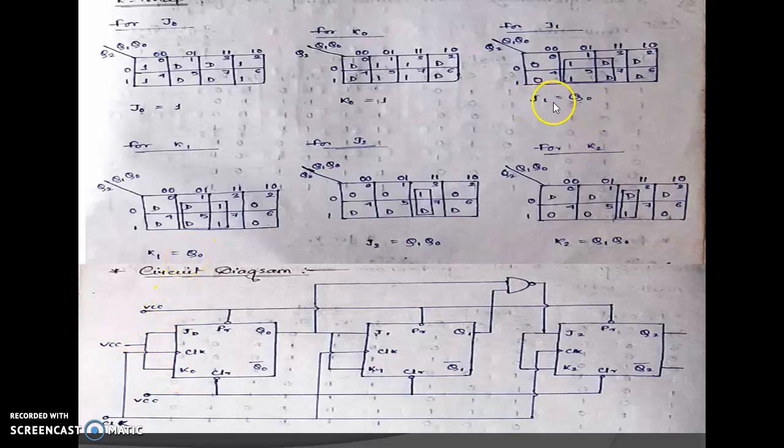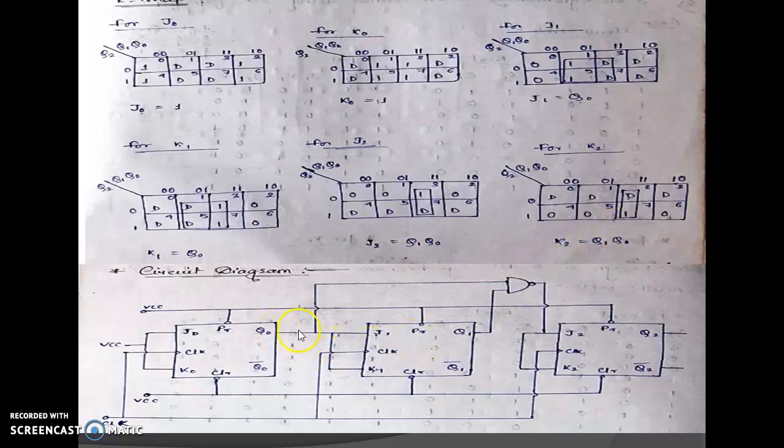Next, J1 value is Q0 and K1 value is also Q0. So Q0 is connected to J1 and K1. Next, J2 value is Q1 Q0, means use an AND gate, and K2 value is Q1 Q0, means use an AND gate.